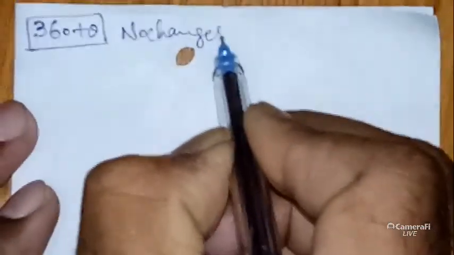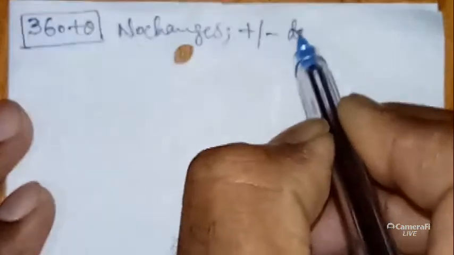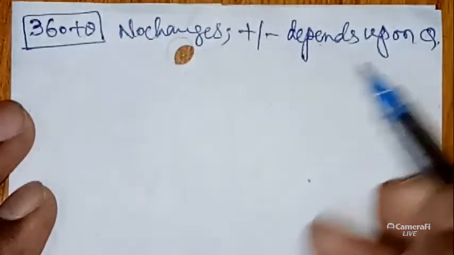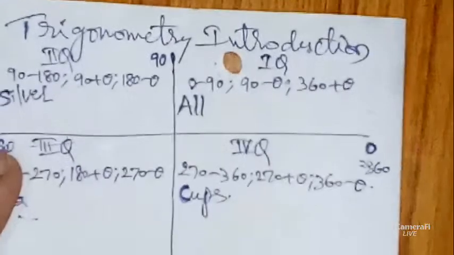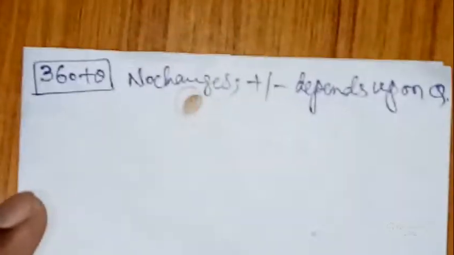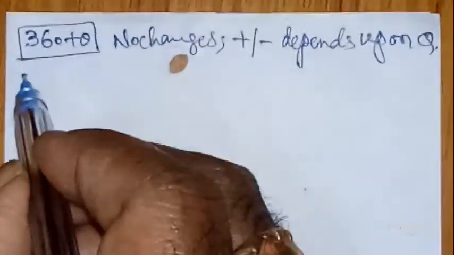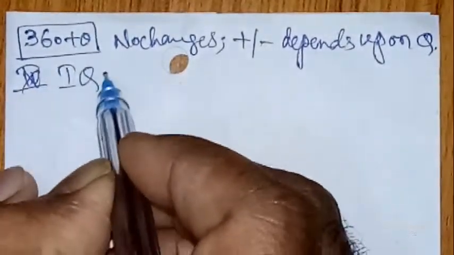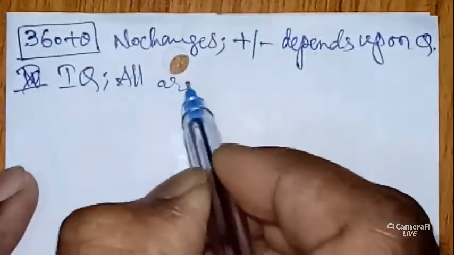Now I wanted to write 360 plus theta. Here no changes, my dear students. Plus or minus depends upon their quadrant. 360 plus theta is in the first quadrant, all are positive.